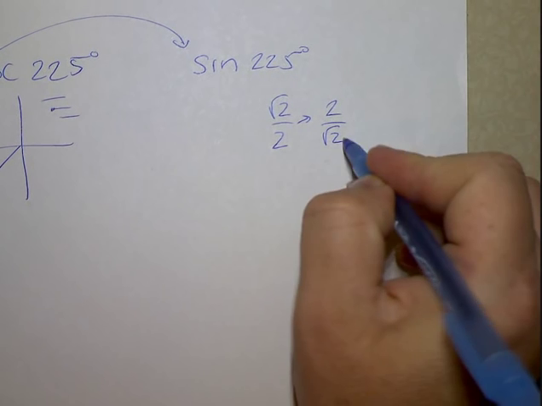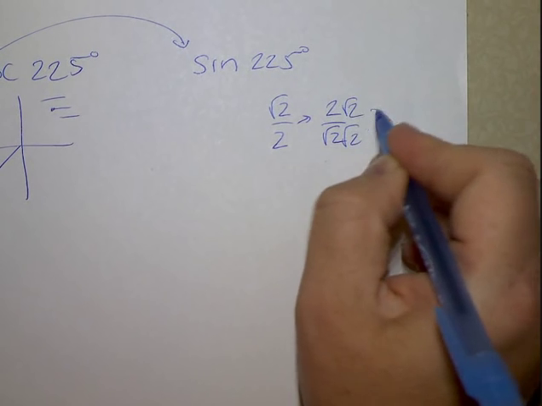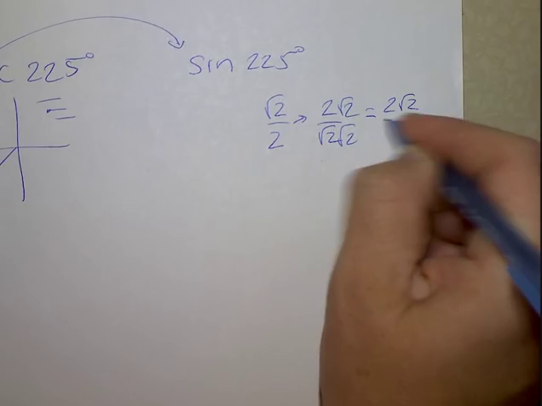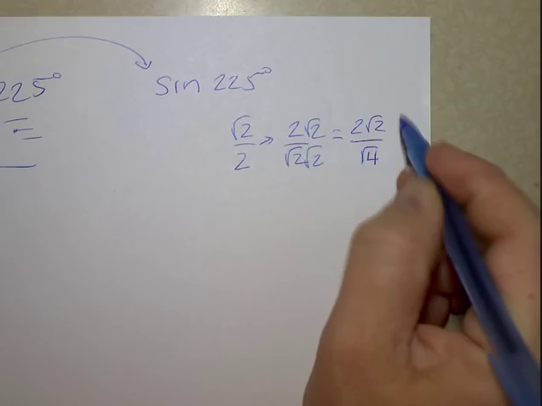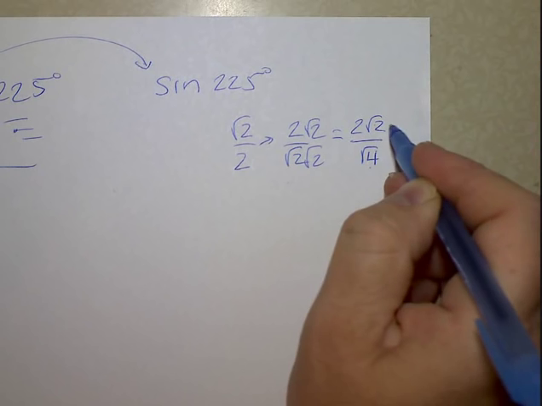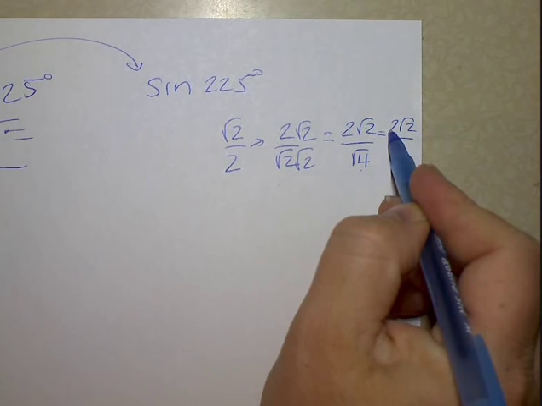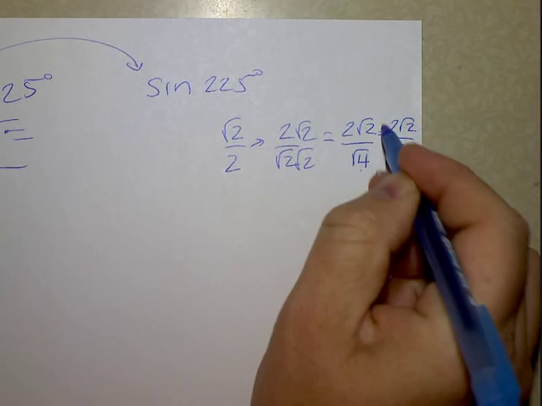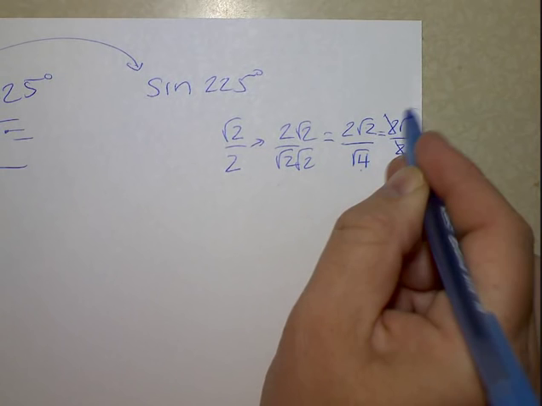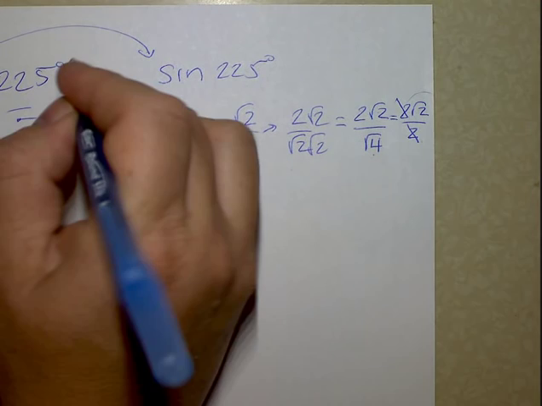So I'm going to take times radical 2 and times radical 2, and I get 2 radical 2 over radical 4. And I know the square root of 4 is 2. Still not done. The 2 on top and the 2 on the bottom can cancel out, and I'm left with just a radical 2 on top. So this answer is radical 2.